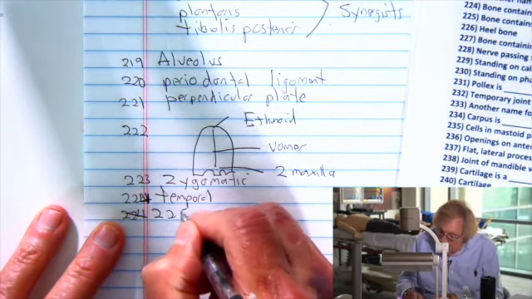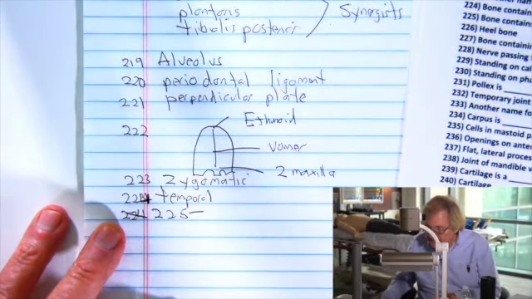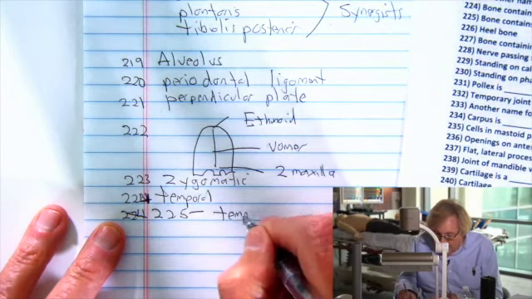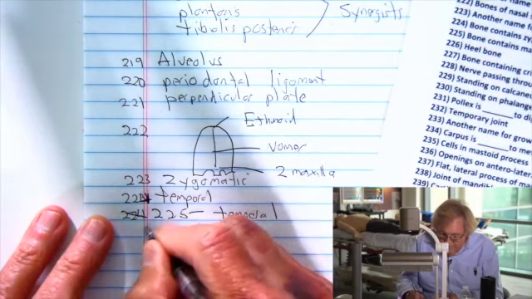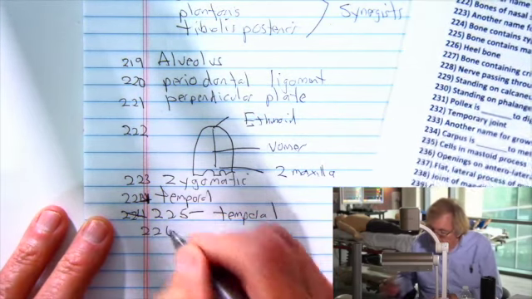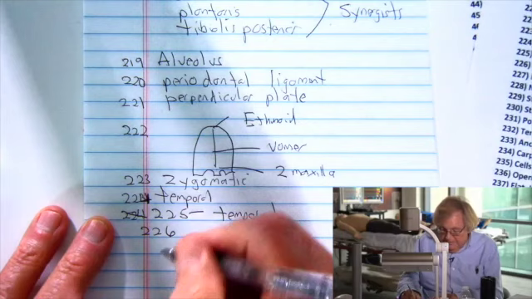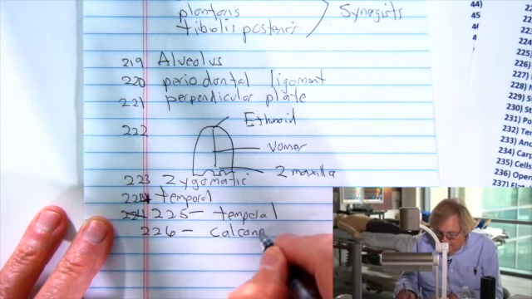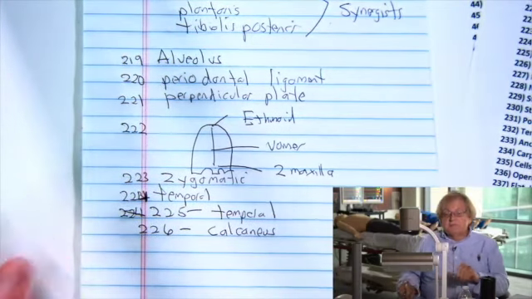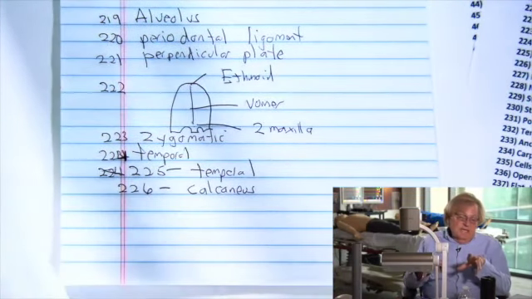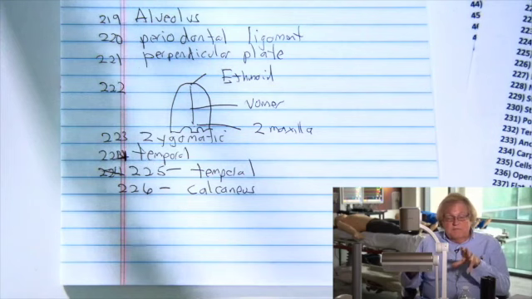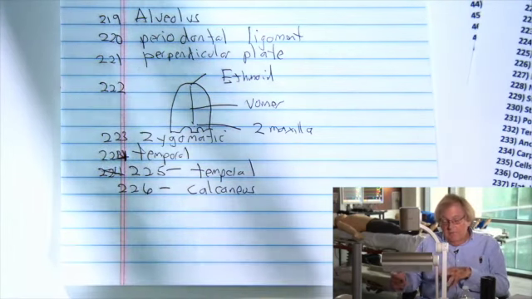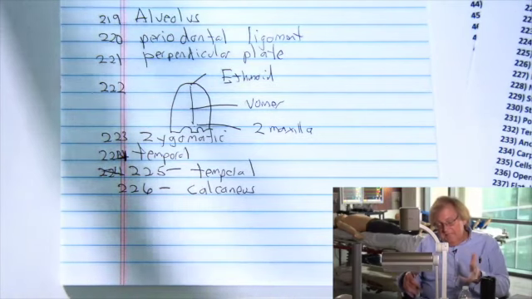225 says the bone that contains the mastoid process, that's the temporal bone also. 226 is the heel bone. Remember, the heel bone is the calcaneus. So remember, the heel bone is significant because it's the heel, but also it's one of the tarsal bones, and it's also considered an ankle bone. So when someone says, what's the heel?